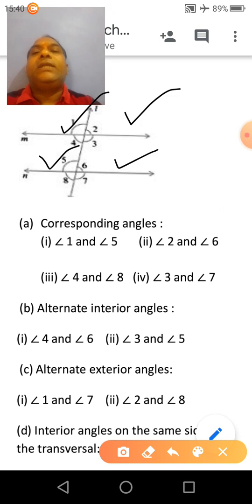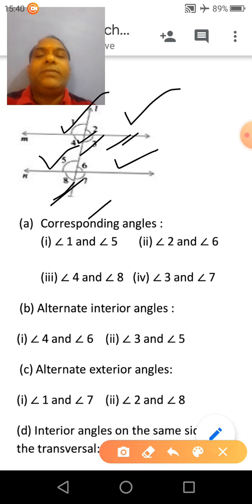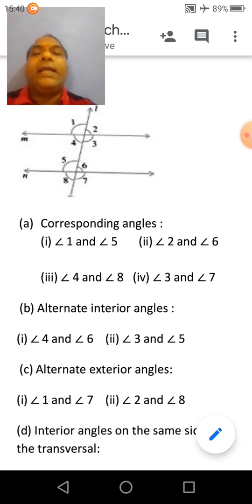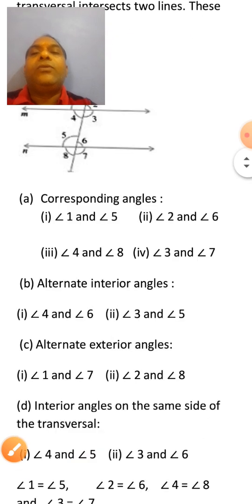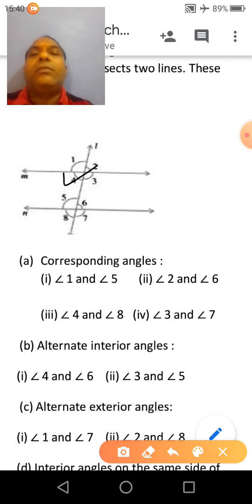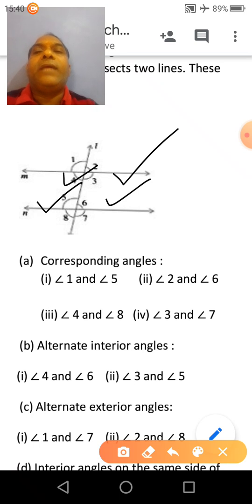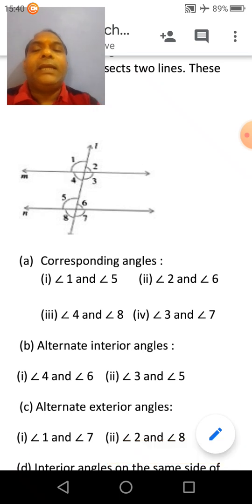Similarly, angle 4 is equal to angle 8. Sorry, angle 3 is equal to angle 7. So corresponding angles will be equal. Similarly, alternate interior angles will be equal. Means angle 4 is equal to angle 6. Angle 3 will be equal to angle 5. The alternate interior angles will be equal.